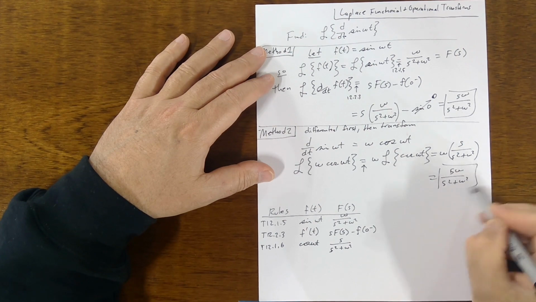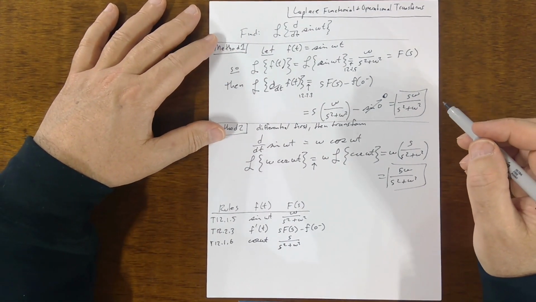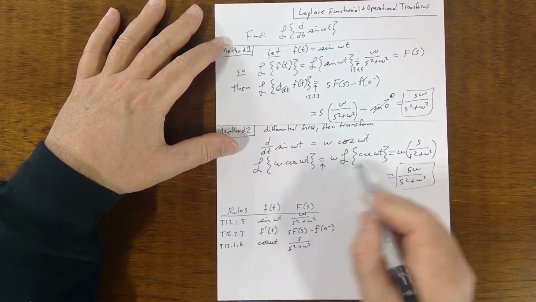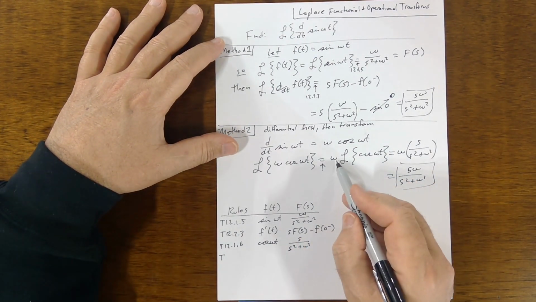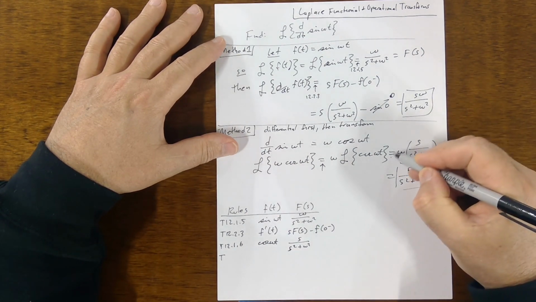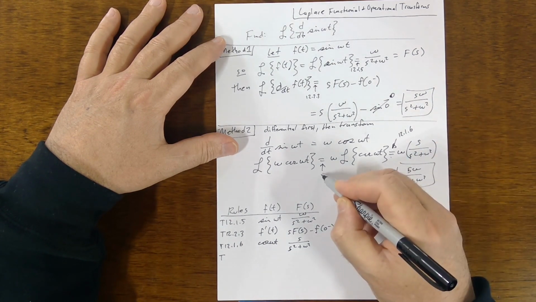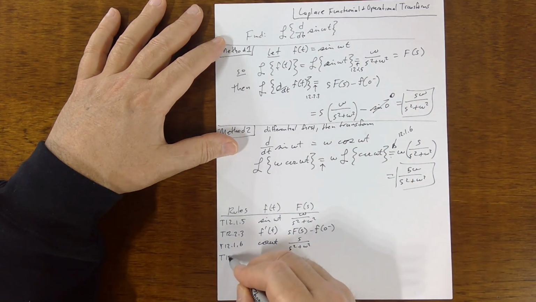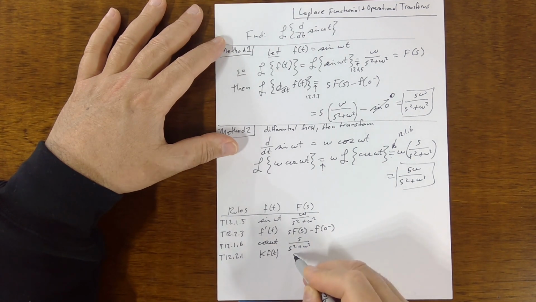It's the same answer as up in here. If you want to get picky, we pulled the constant out. That was actually another rule. Here we applied rule 12.1.6, and here we applied rule 12.2.1, which is just saying that you can factor out a constant.